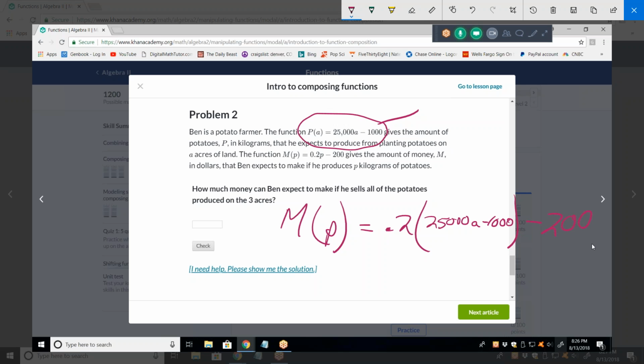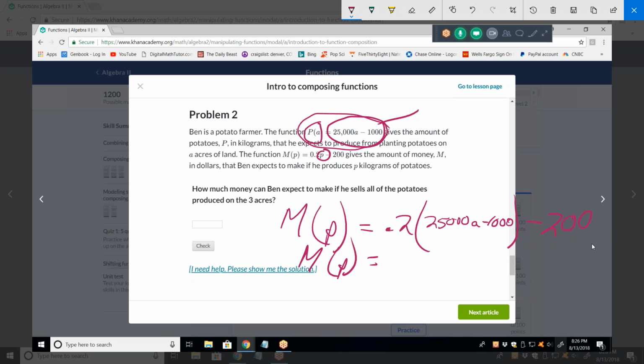So there is the money function. In other words, all I did was in place of this P right here, I substituted this, that's all I did in the first step. So let's simplify that a little bit. Tell me what that simplifies to.